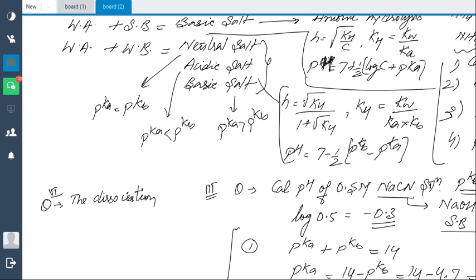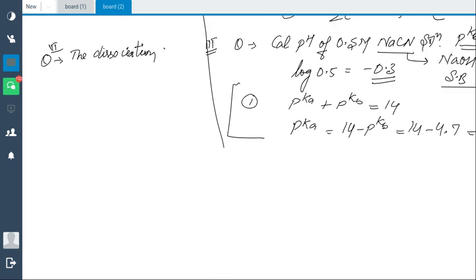The dissociation constant of a substituted benzoic acid. Please remember, all the organic acids are weak acids.